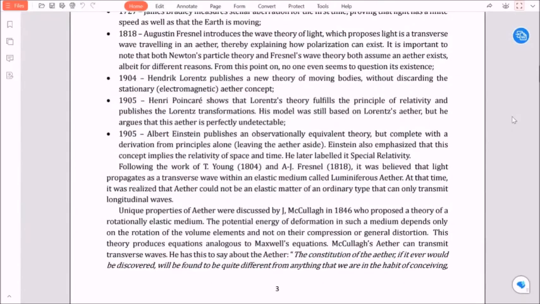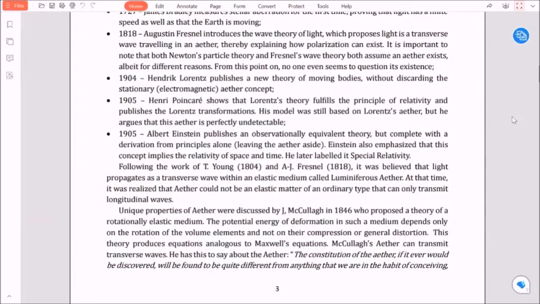Unique properties of ether were discussed by McCullagh in 1846, who proposed a theory of rotationally elastic medium. The potential energy of deformation in such a medium depends only on the rotation of the volume elements and not on their compression or general distortion. This theory produces equations analogous to Maxwell equations. McCullagh's ether can transmit transverse waves.